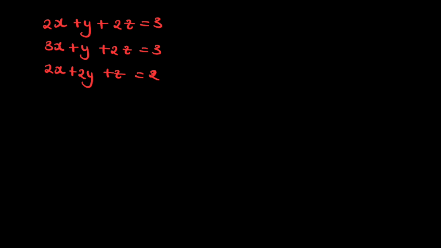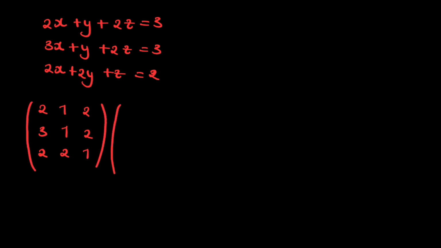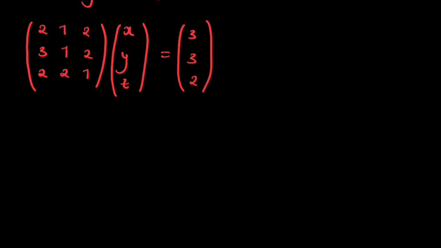The first thing when given a system of equations is to write it in matrix form. So we have the matrix 2, 1, 2, 3, 1, 2, 2, 2, 1 times our unknowns x, y, and z equal to 3, 3, 2. So this is it written in matrix form.